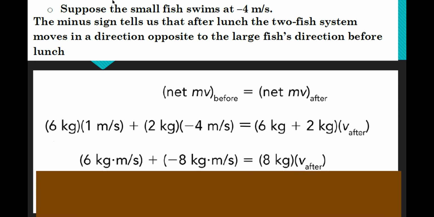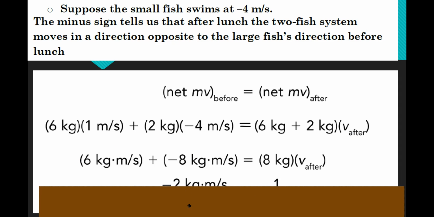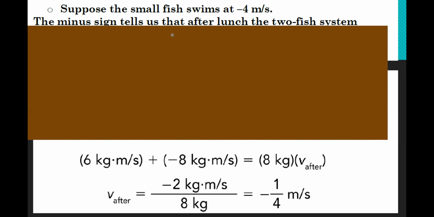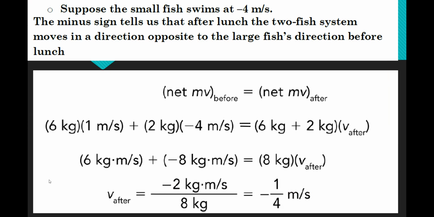So now, 6 times 1 plus 2 times -4 equals 6 plus 2 times the velocity after. Then 6 minus 8, which is -2, equals 8v. So the new velocity now will be -2 over 8, which is -1 over 4.